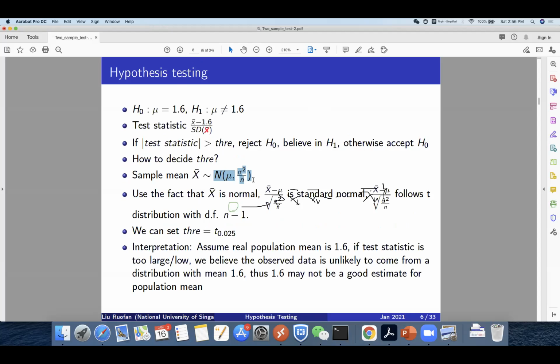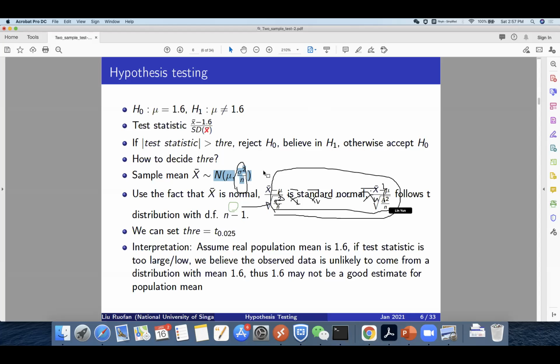By right, if we do not know the distribution of X bar, we have to sample a lot of times so that we can compute the standard deviation. However, since the distribution of X is assumed fixed, X bar also follows a distribution, but with its standard deviation reduced. So we do not need to resample so many times.